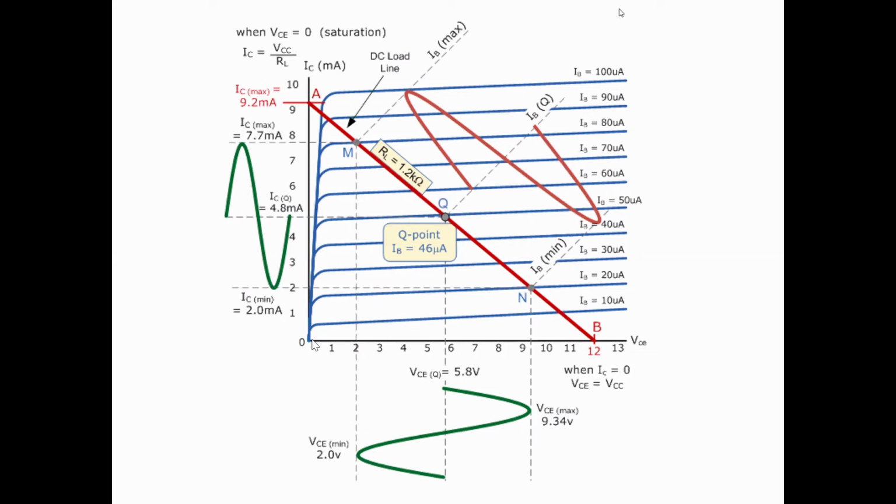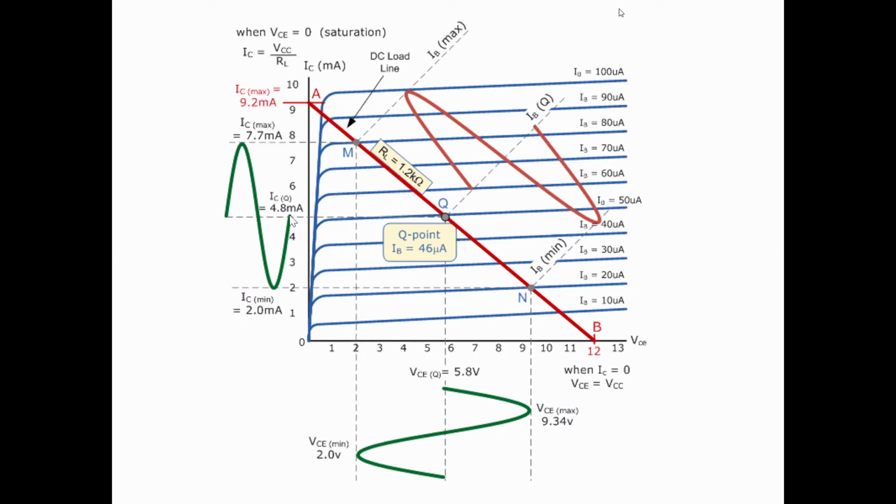Look here. For example, from 0 all the way to 12, can you see the midpoint is just below 6? That is somewhere in between. And there also, from 0 milliamp to about 9 milliamp, the midway is like 5 milliamp.